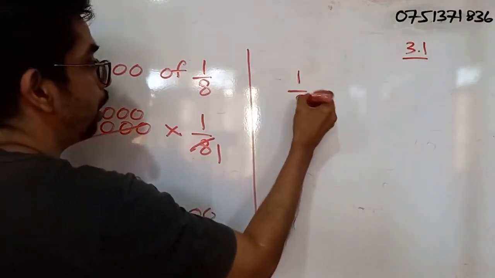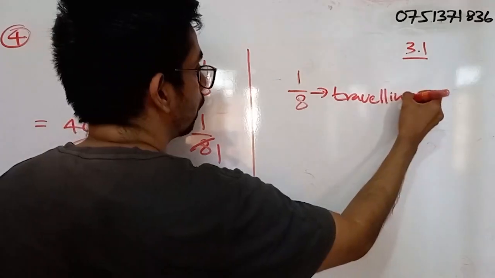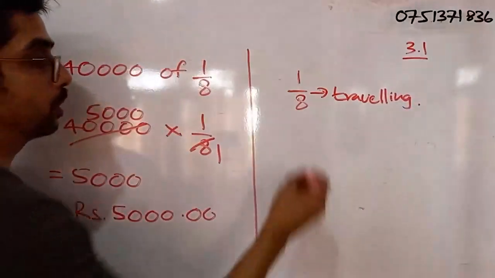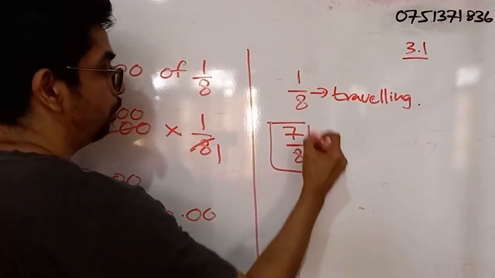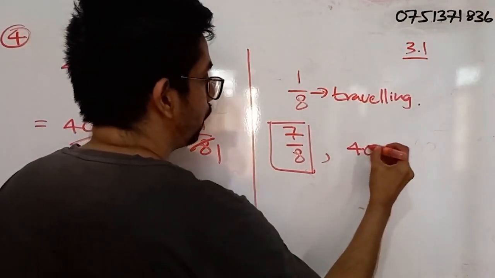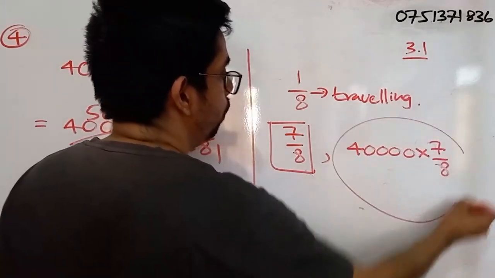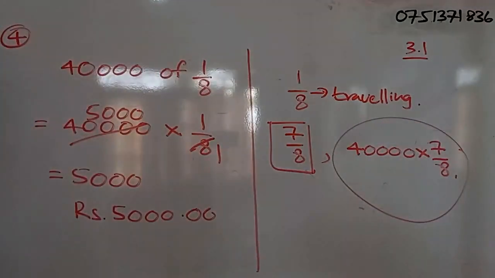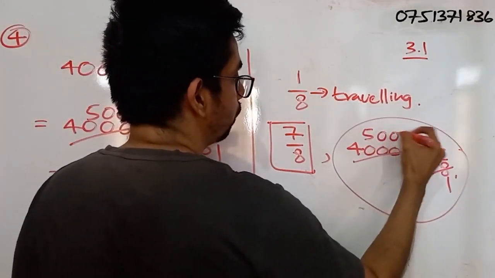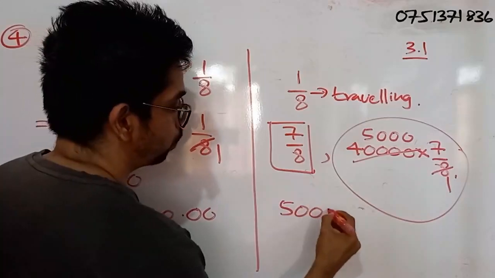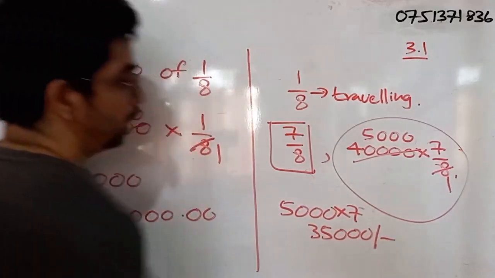If he spends 1/8 on traveling, then what will be the remaining amount? 7/8, right? So what happens? 40,000 into 7/8. This is the value we have to get. So 8 times 1 and 8 times 5000. So 5,000 into 7 we get 35,000.